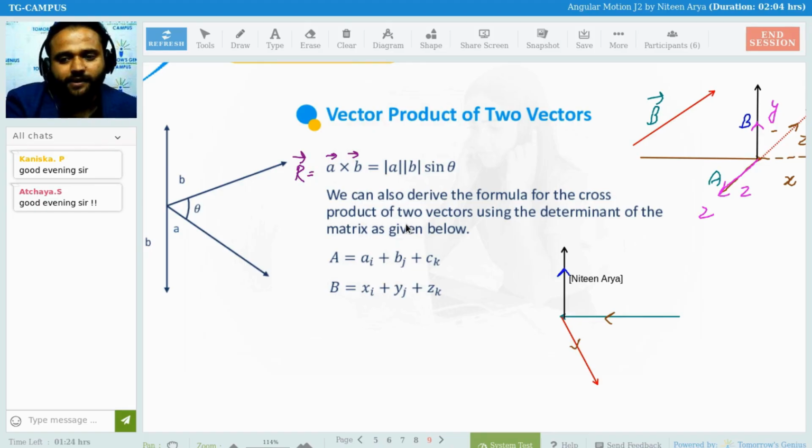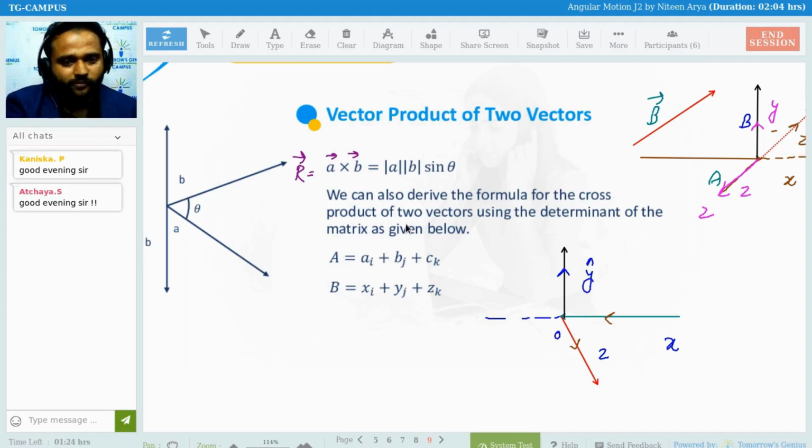Again, you can see that now instead of negative z, here my x is in the negative direction because it is going towards the negative side. If I pick this origin, the obtained vector is positive y, and this is again in the positive z direction. Clear? So you only need to learn the right hand thumb rule.